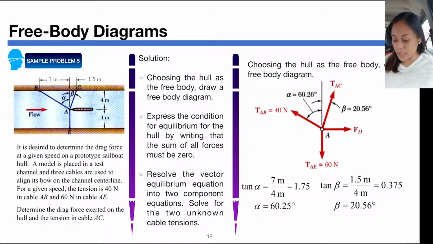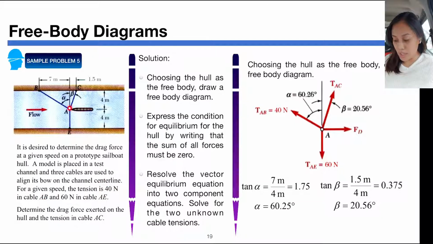The model is placed in a test channel. So, now siya sa test channel with 3 cables that are used to align its bow on the channel center line. So, we have 3 cables AB, AC, and AE. For a given speed, the tension is 40 newtons in cable AB.